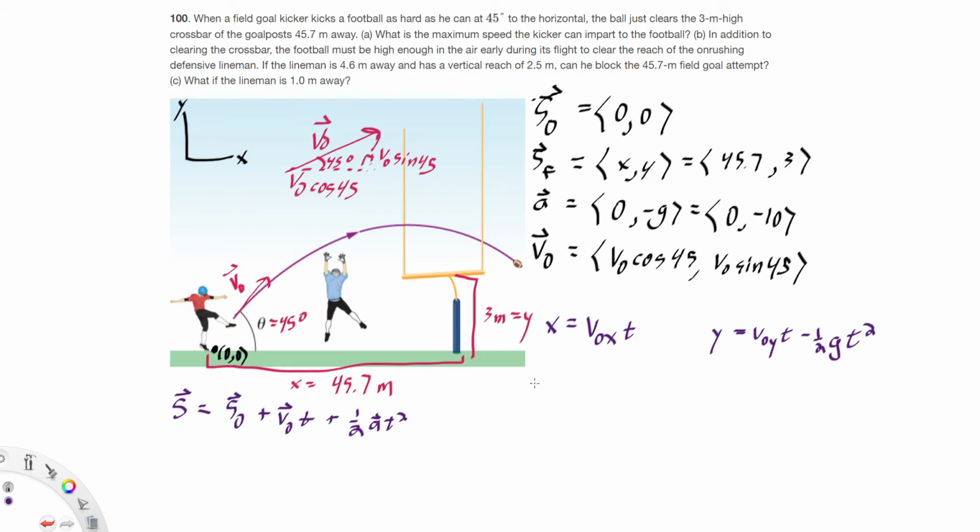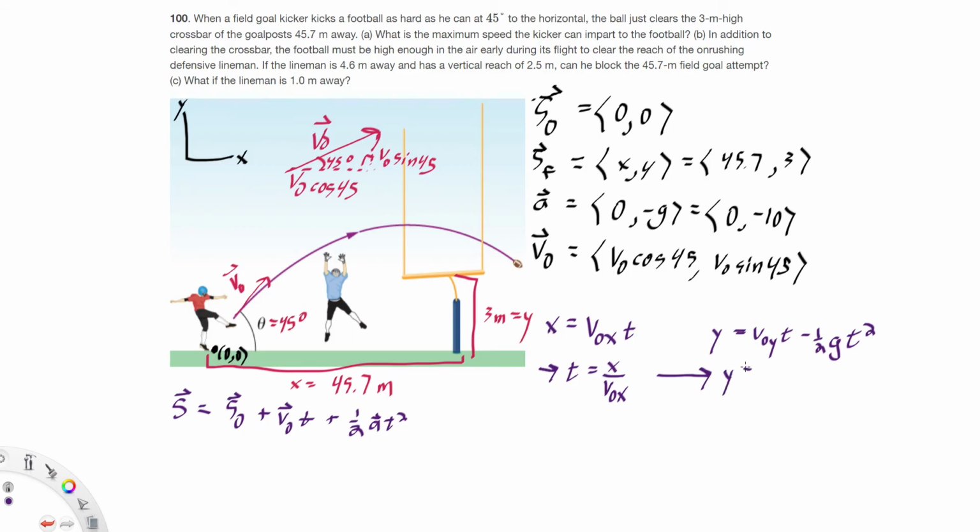We're going to do exactly the same trick as we did in the golf problem. We're going to say, well, if this x equation is correct, then that must mean that t is equal to x over v naught x. And then we will go ahead and plug this into the equation on the y side.